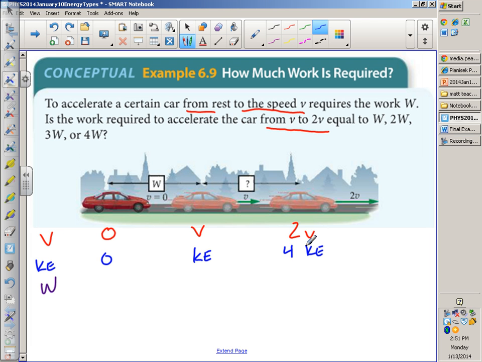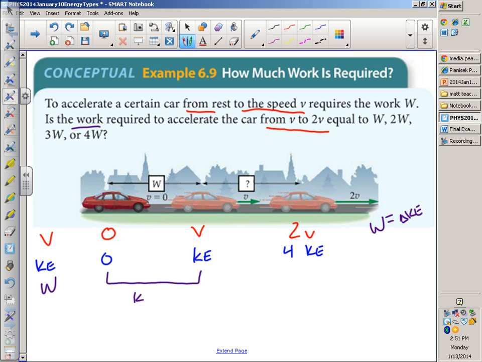Now, this question asked us about work. And we said that work is equal to the change in kinetic energy. So we can't just look at one spot to determine work. We have to look at 2 spots, a start and a finish. How much work is done from here to here?